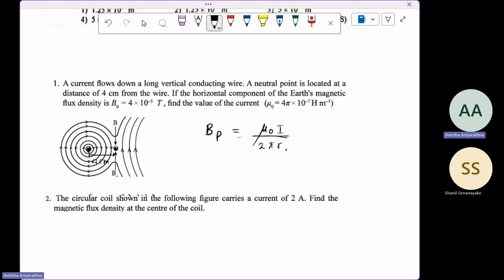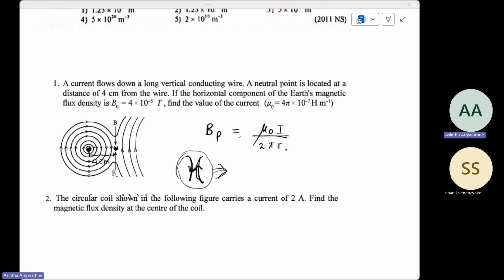Which means, at this point, the magnetic field due to the current carrying conductor and the Earth's magnetic field should get cancelled out and be 0, right? Neutral point means no magnetic field. The magnetic field due to the current carrying conductor and that of the Earth should get cancelled out there.